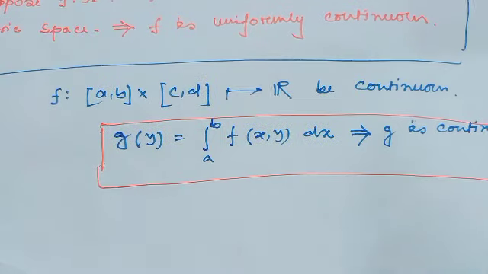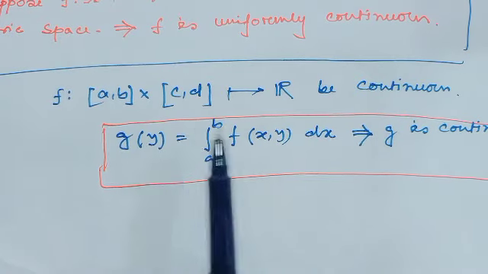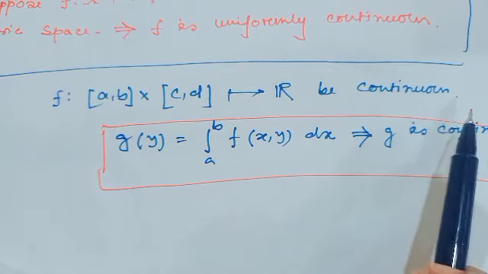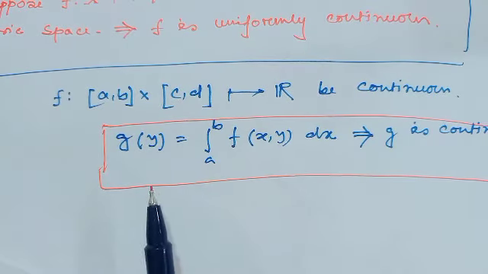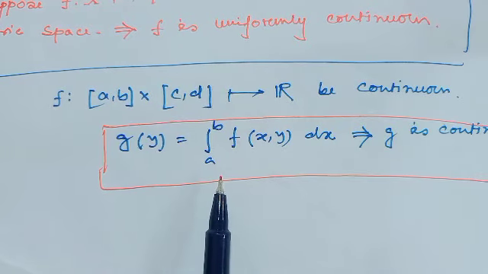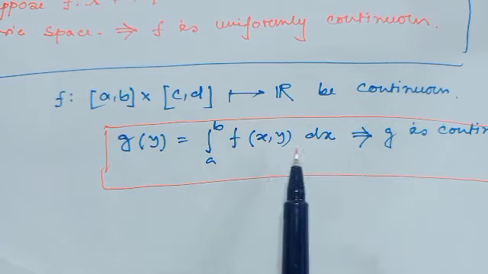Now consider one example. f is defined on [a,b] cross [c,d] to R and given f is a continuous function. Now define a new mapping g of y, which is equal to the integral from a to b of f(x,y) dx.